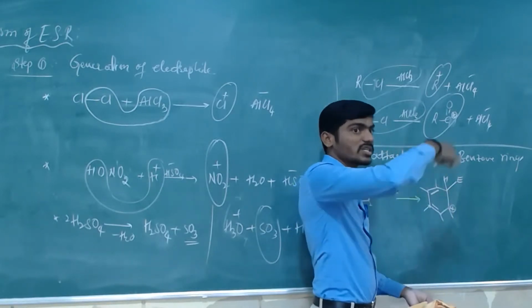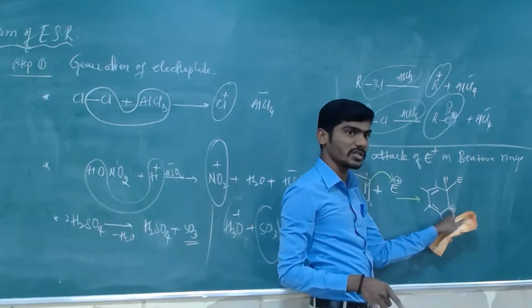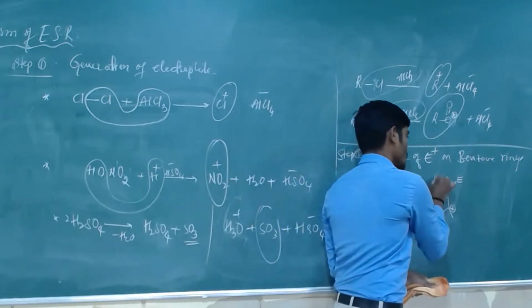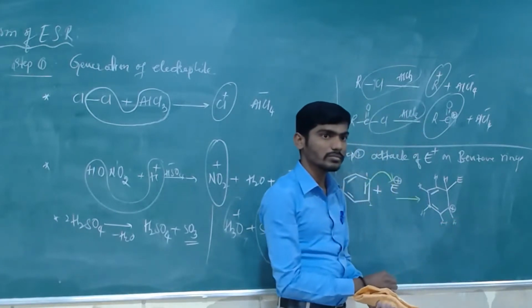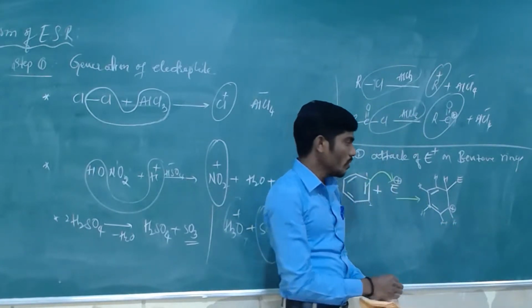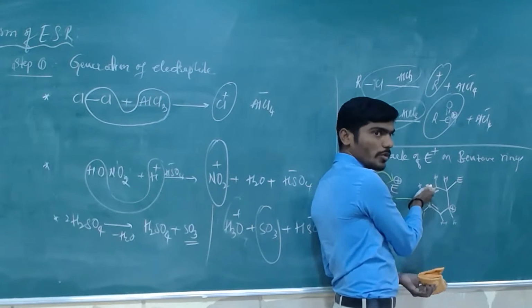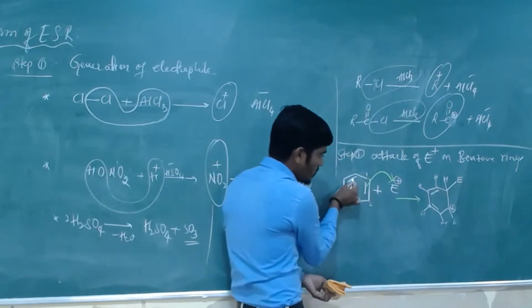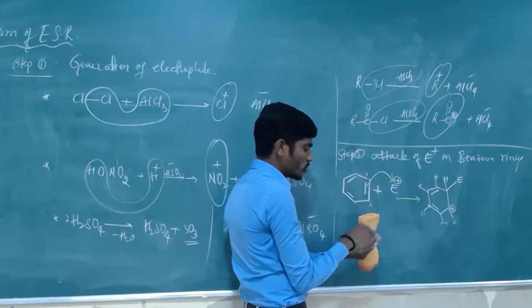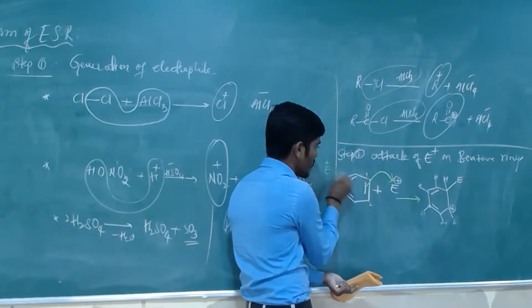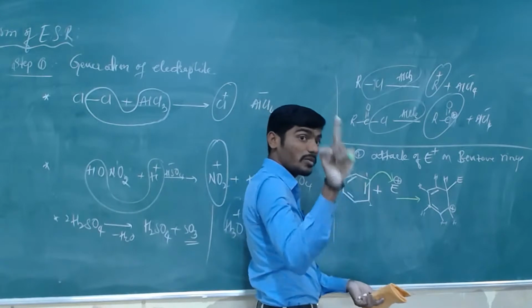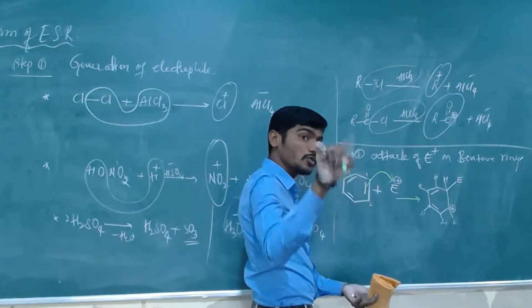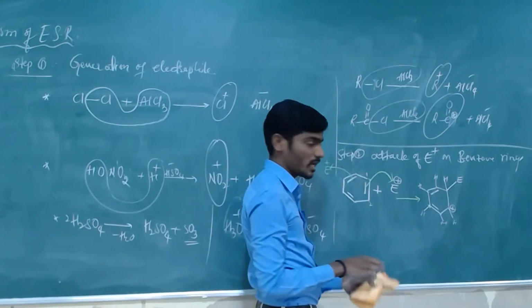Now the double bond is shifted, so therefore it is electron deficient. It gets the plus charge. Remember, these are hydrogens. You can write the plus charge here also, no problem. So if the electrophile E plus is attacking, then you get the plus charge. Check where the double bond is broken; the plus charge comes at that position because it is deficient of electrons.